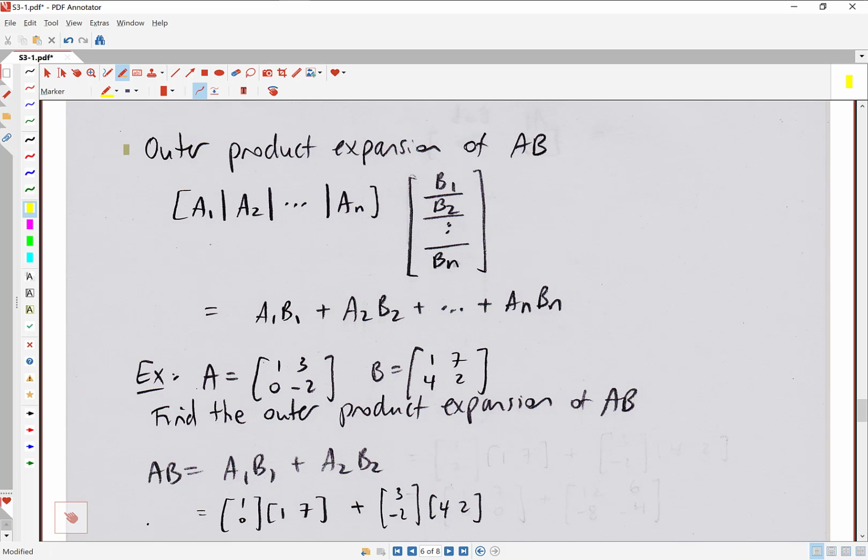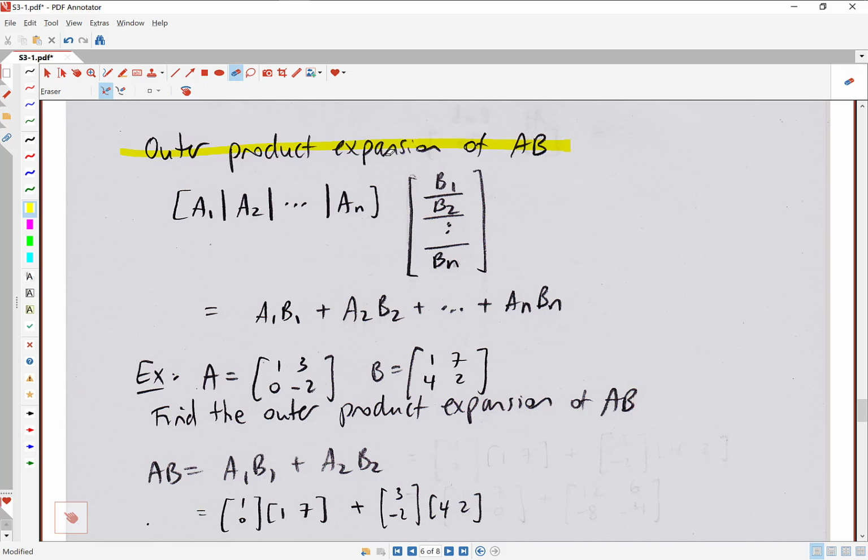Now we're going to look at the idea of the outer product expansion of a product of matrices. So this is just a different way to think about multiplying matrices. It's a really specific technique that we're going to use at one point later on in the course. So again, it's one of these topics that we're sort of storing away for later on.